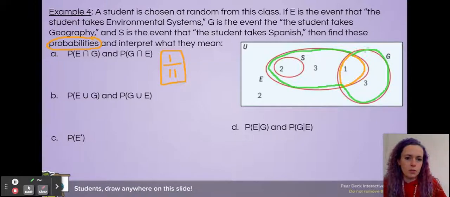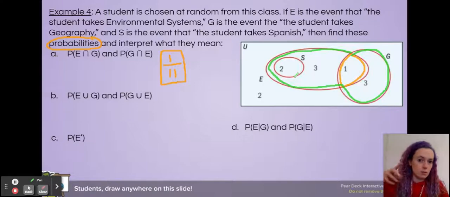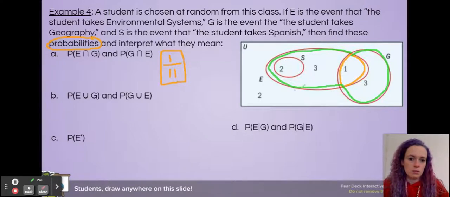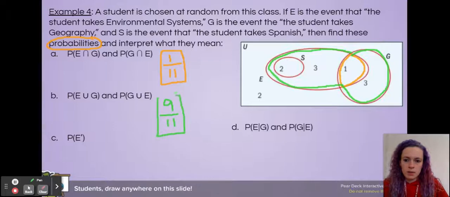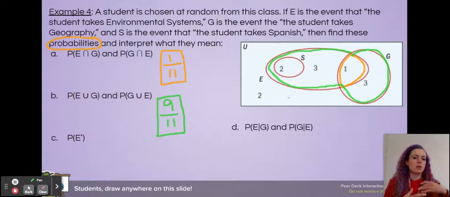So basically everyone, including Spanish, since if you notice Spanish is a subset of environmental systems, but we're looking at everyone except these two people on the outside. So that means 9 out of 11 using that complement, or you could just add them up. So that means 9 of these 11 students took environmental systems or geography or both.